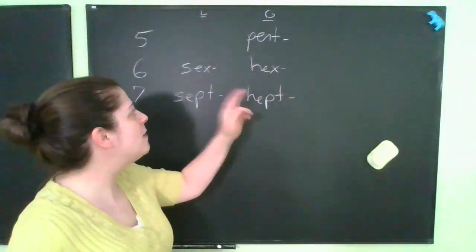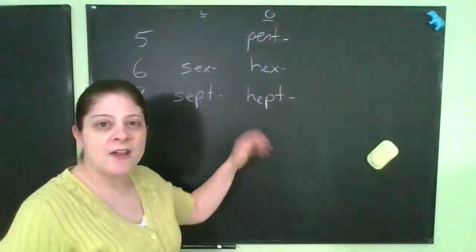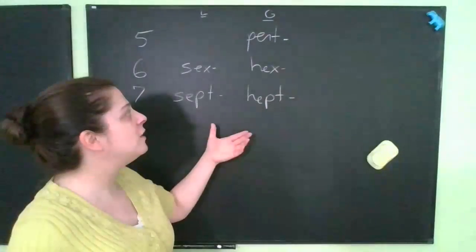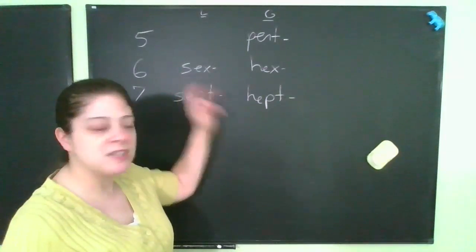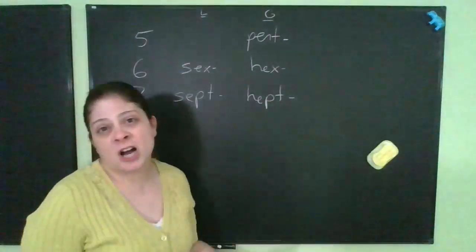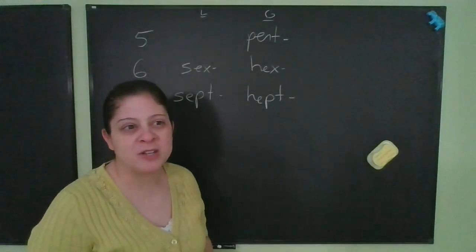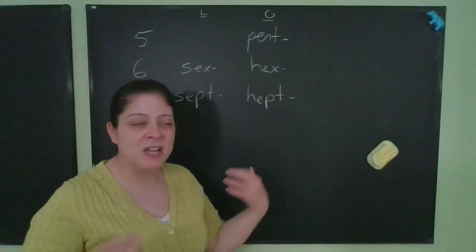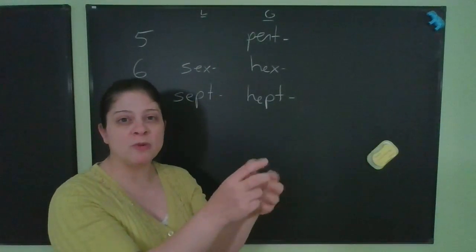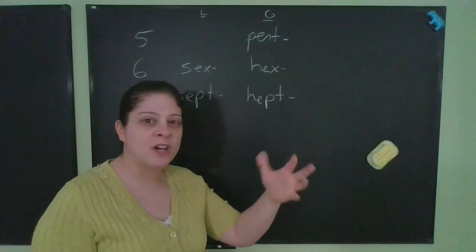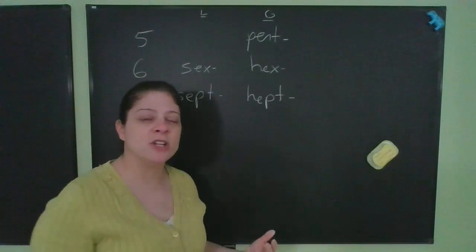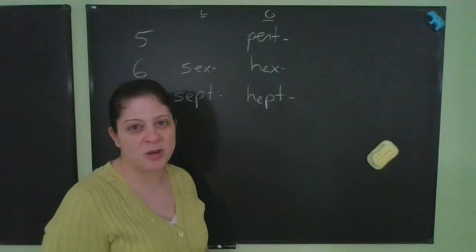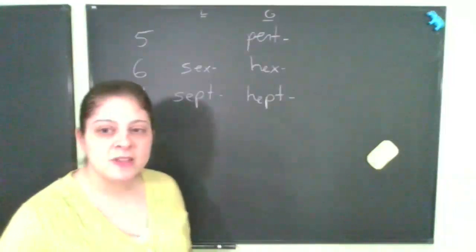We've had semi, hemi, sex, hex, sept, hept, and that is that there are sets of words in Latin and Greek where the Latin one starts with an S and the Greek one starts with an H. That's a common feature that we find across these 2 languages, and again, it's because these words come from the same Proto-Indo-European root, but in Latin, that root has changed so it starts with an S, and in Greek it changes so it starts with an H, but they're very similar otherwise.